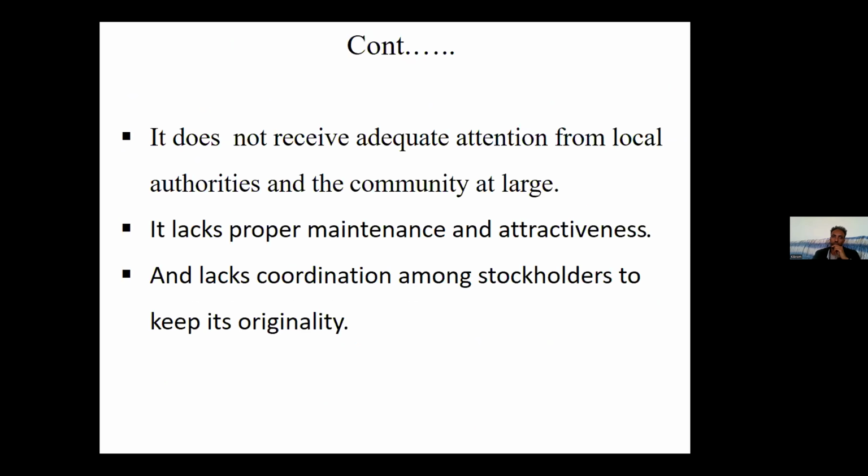The gaps already visible on the site: it does not receive adequate attention from local authorities and the community at large. If not given attention or collaboration by the communities, the government and non-government organizations, it will collapse after a time. It lacks proper maintenance and attractiveness.